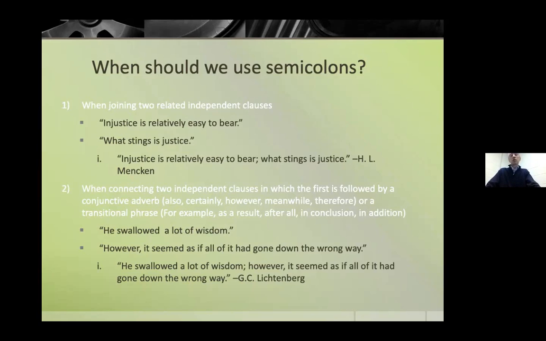The relationship is implicit when you use it, but nonetheless, you're saying these are connected. So when you think they're related and you want to show that, you can use the semicolon. Again, that's subtle, but it's a tool that a writer might want to use.